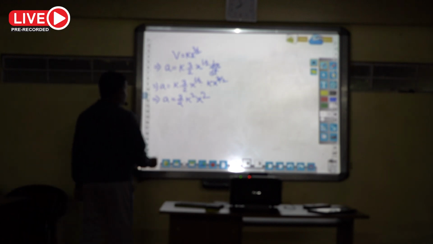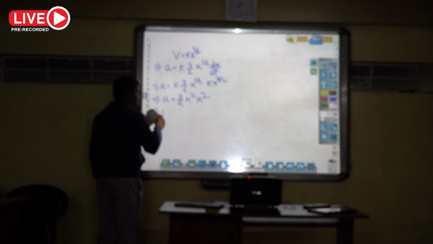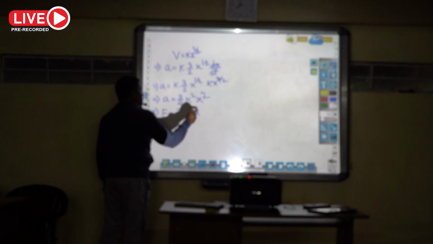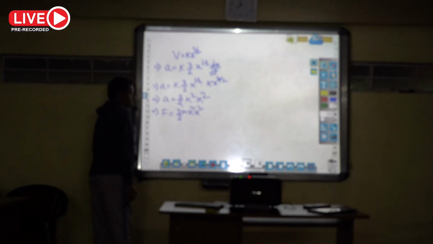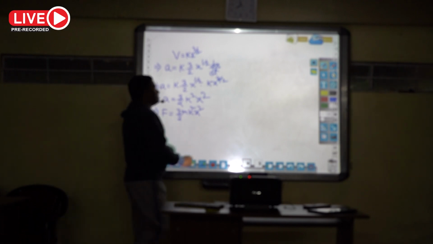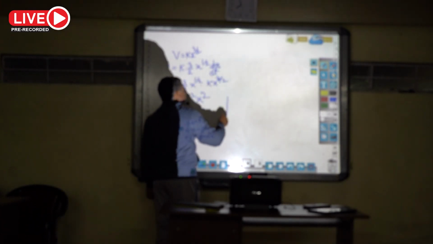Now you can of course calculate force equal to mass into acceleration. So it will be 3 by 2 m k square x square. Then for the calculation of the work done, what will you do?